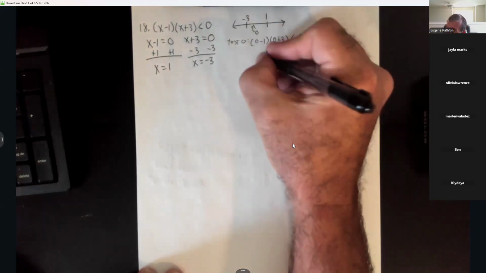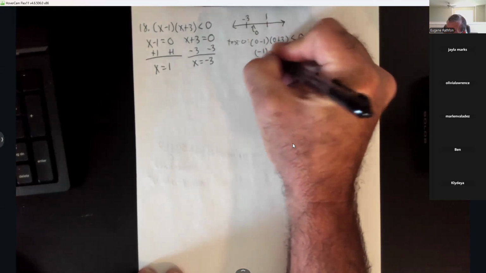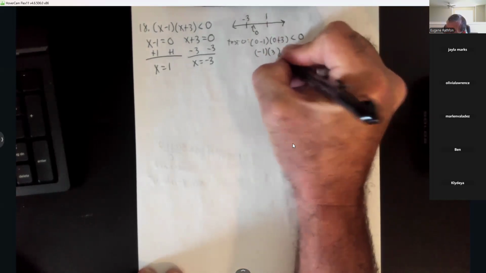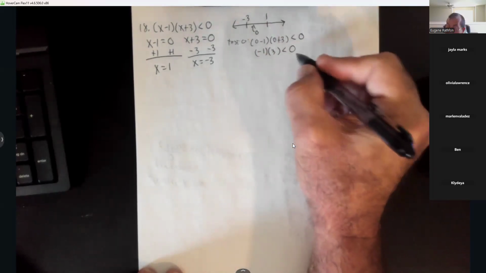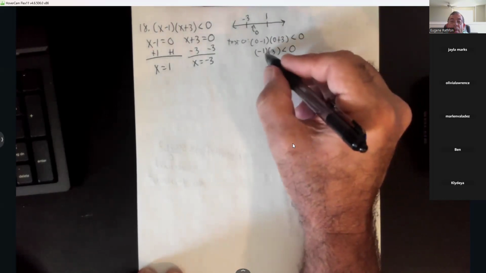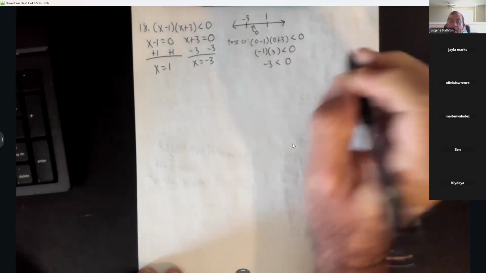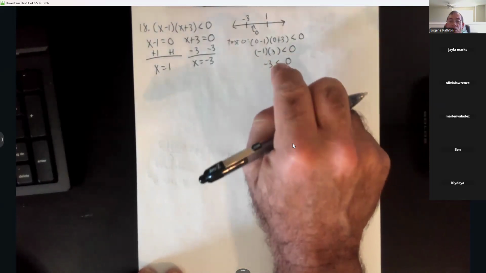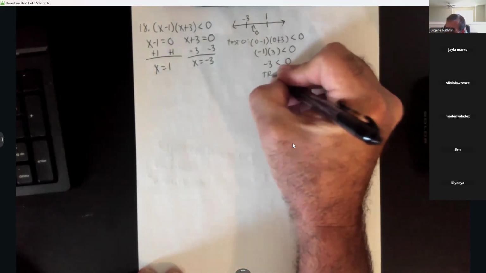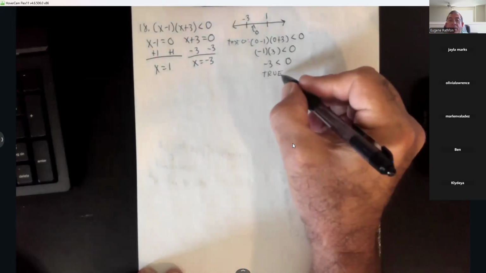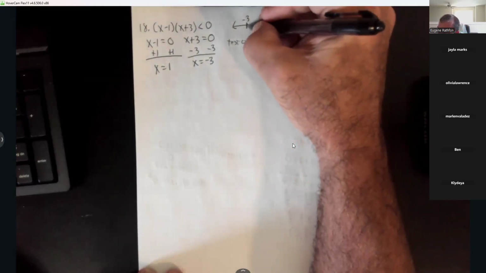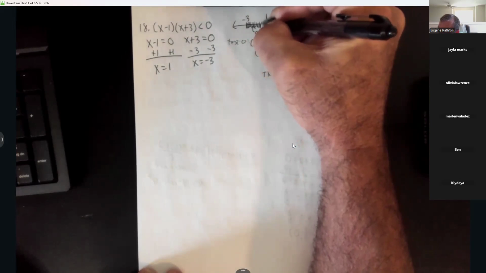That's going to give me negative 1 in the first parentheses times 3, and that's going to be less than 0. Negative 1 times 3 is negative 3, less than 0. That is true. So since it's true, you're going to shade the section where 0 was located.